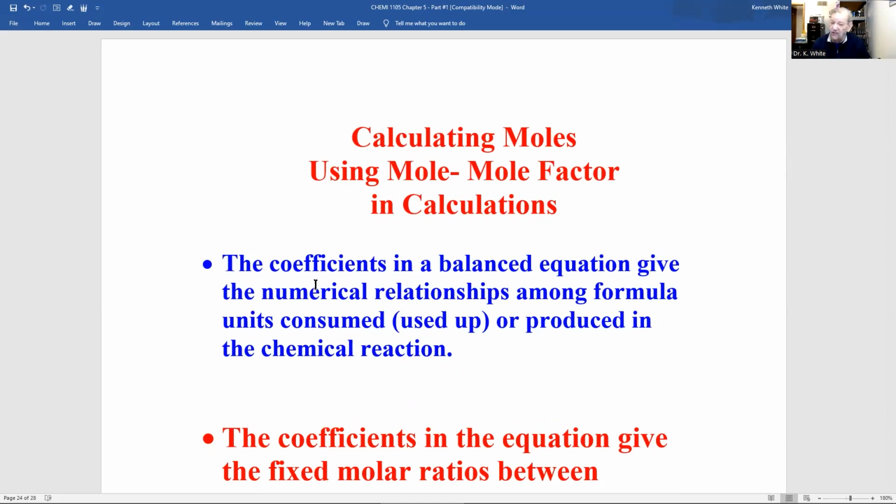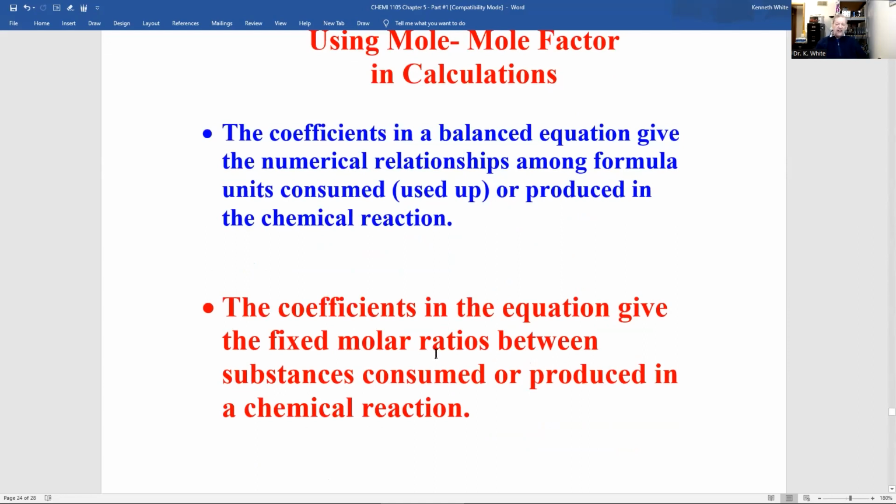What I'm going to teach you is really important to Dr. White, and that is the coefficients in a balanced chemical equation give the numerical relationship among the formula units consumed, used up, or produced in a chemical reaction.